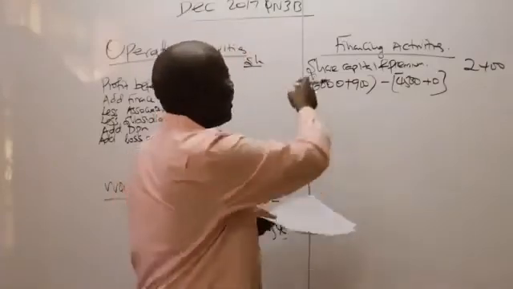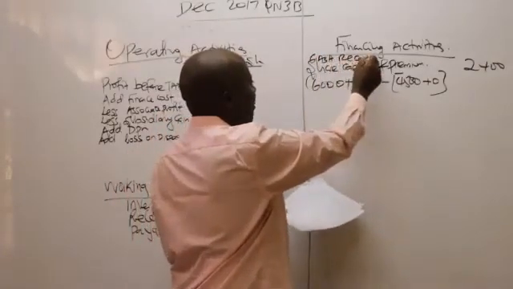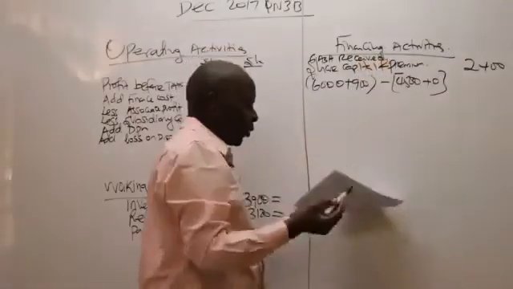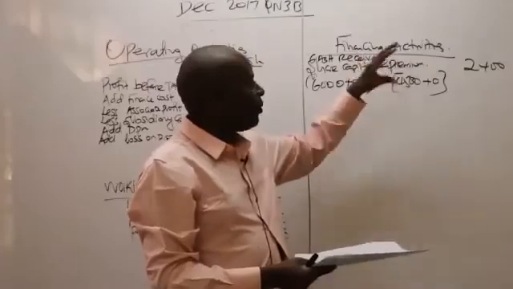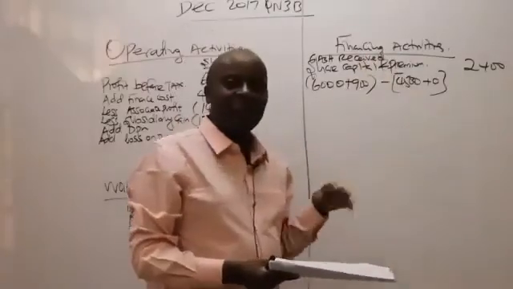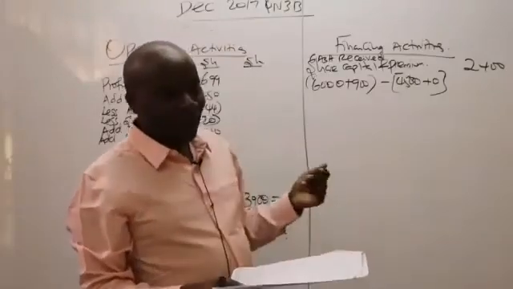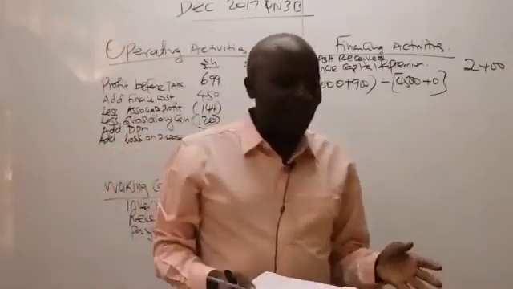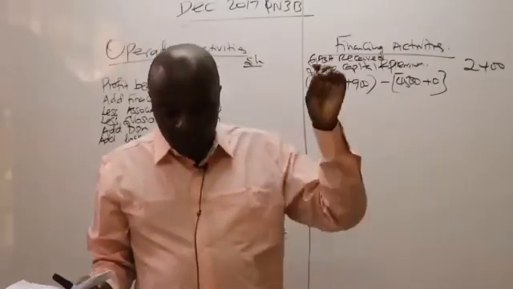So you can mention here, this is cash received. If you want to demonstrate broad and deep understanding of the subject, you write here, dash, from issue of new shares. But do you have that time? No, you don't have that time. You move on.